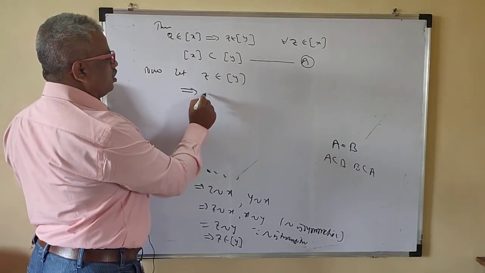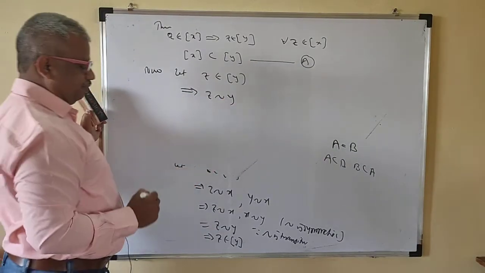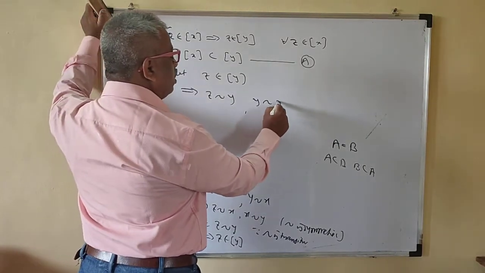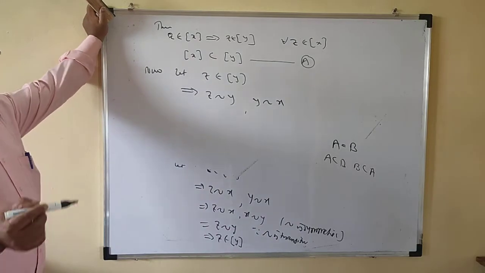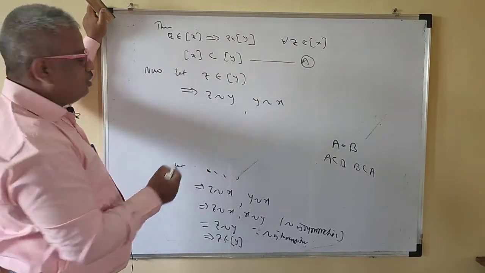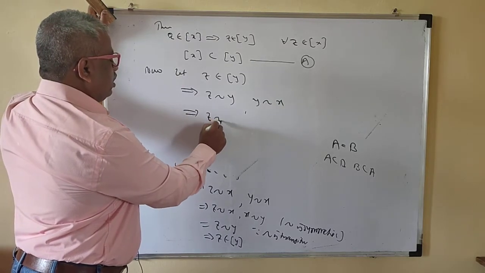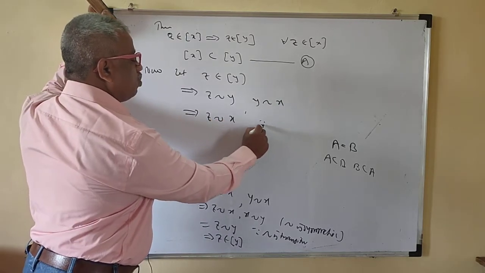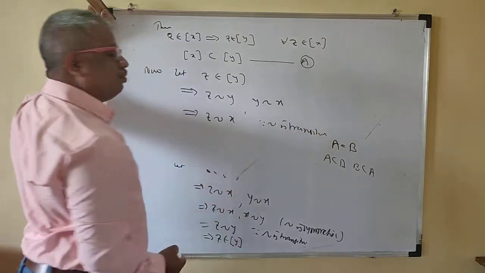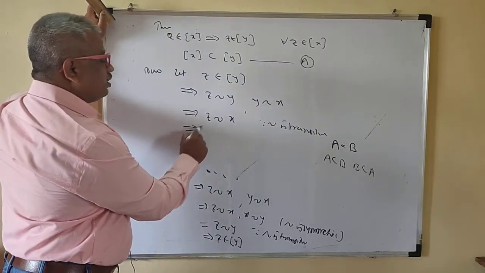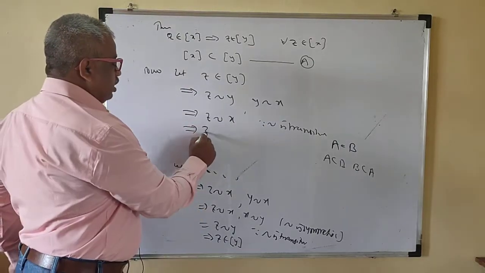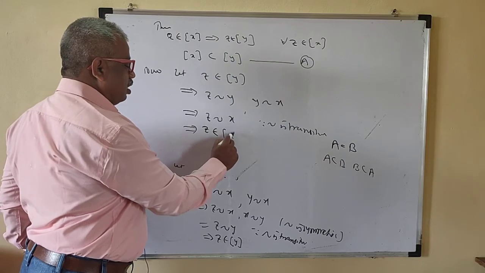This implies that Z is related to Y, and we have Y is related to X. Now Z is related to Y is related to X, so this implies that Z is related to X, since tilde is transitive. Z is related to X means Z is in the equivalence class of X.